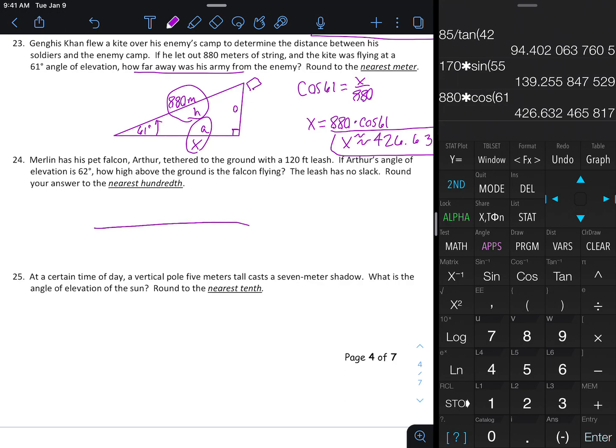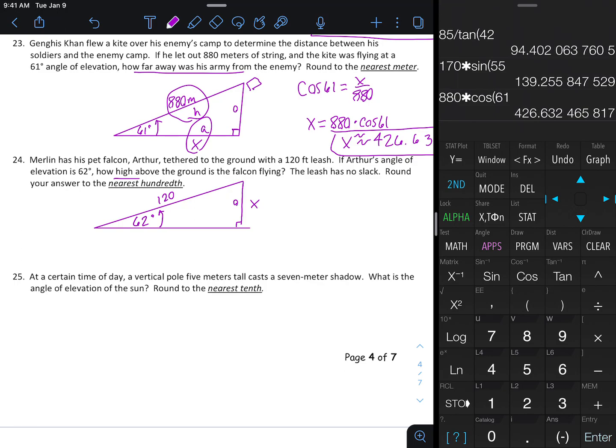Anyways, he's tethered to the ground, 120-foot leash. So you can put that right there. You got 62 degrees. So pretty much the same picture again. And you are answering, how high is he? So you're going to put your x right there.